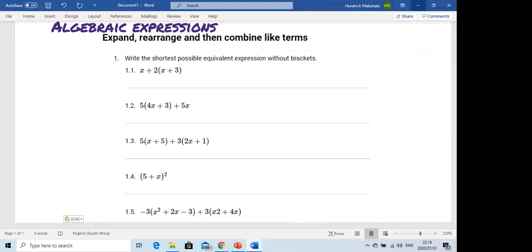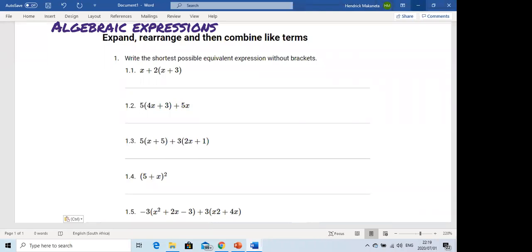Now we have 1.4: 5 plus x all squared. All that you need to do there is just to simplify our expression, and the way in which you can simplify this is just to remember that when you have 5 plus x all squared, it means you are multiplying 5 plus x by itself.